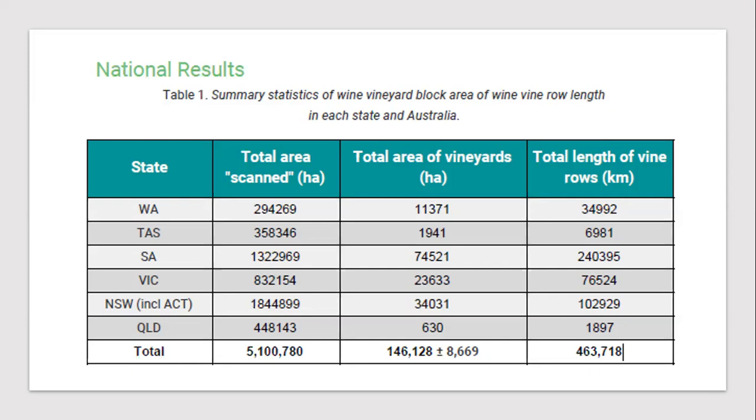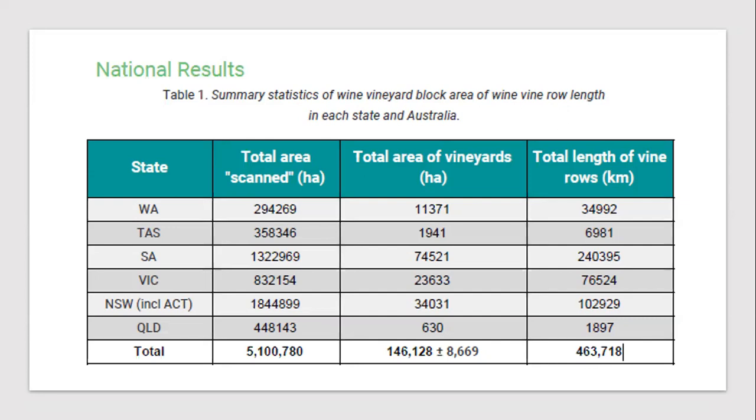You can see there's a plus or minus figure, which is not something we would have talked about in the days of the ABS, but there would have again been an error rate with a survey conducted, even though supposedly it was compulsory and everyone's supposed to fill it in, still not perfectly accurate. So here we actually compared the algorithm results with a small sample area that was manually labelled.